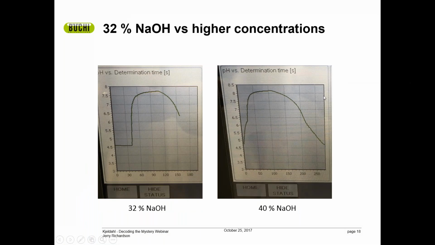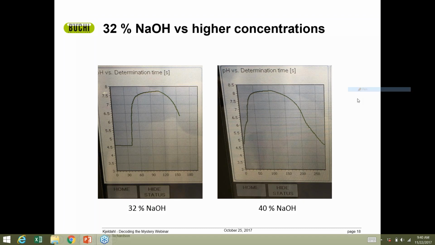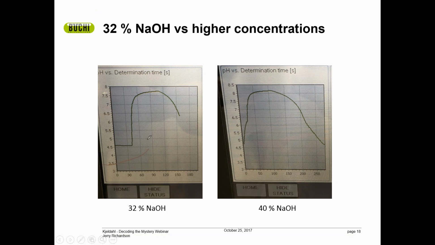All right, so I commonly see in old methods 40 and 50% sodium hydroxide being added. Simply put, if you look at the graph, and by the way, this is just a pH probe reading based on a potentiometric probe, you see that at 32% we are controlling the rate of reaction. It's easy to match, easy to work with, and easy to develop a start point if you're planning on running a start point titration.